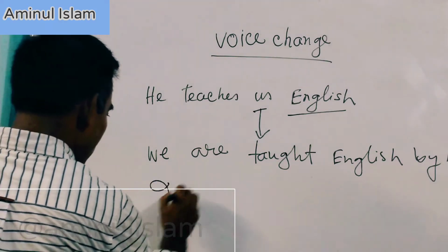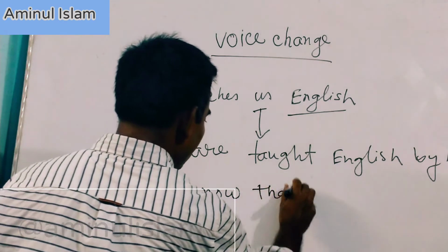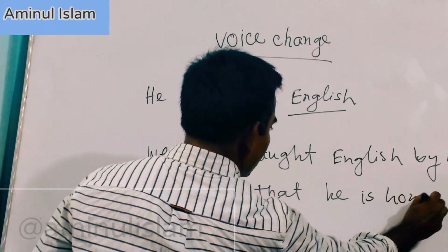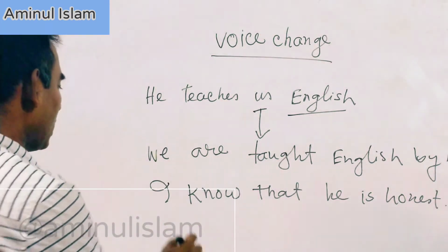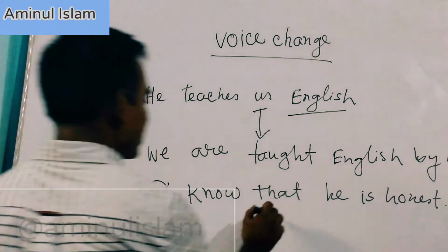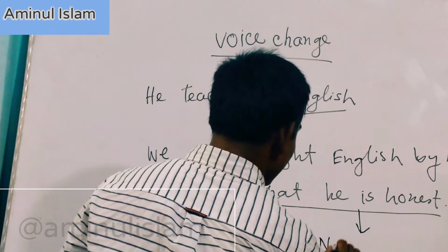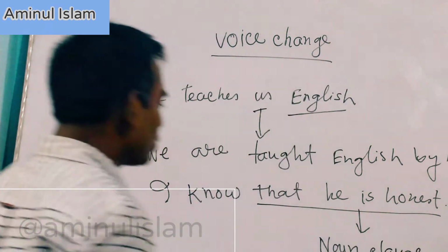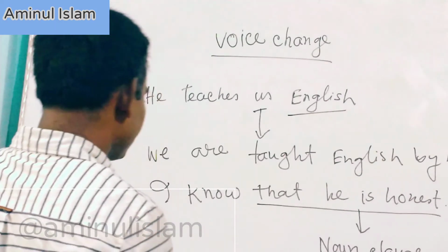Next, another sentence. I know that he is honest. Follow me. I know that he is honest. That he is honest is a noun clause. That is why the clause will be an object.